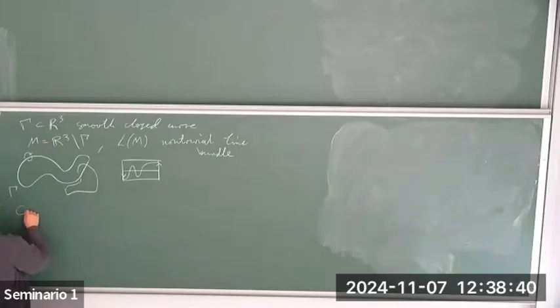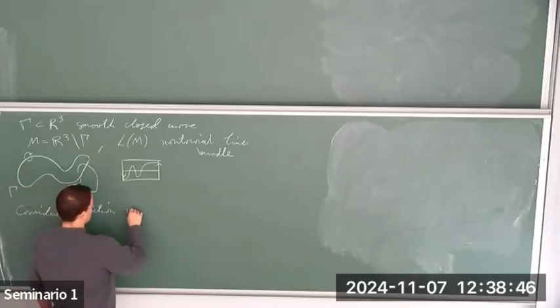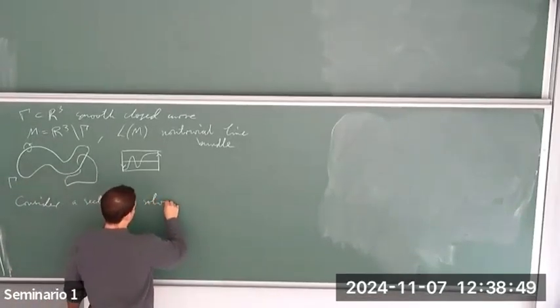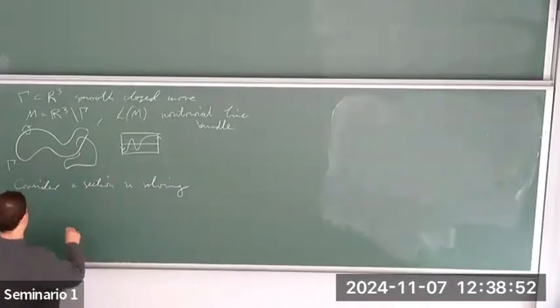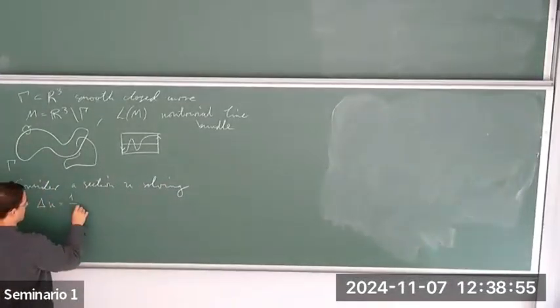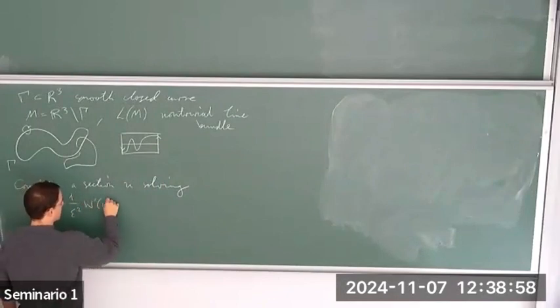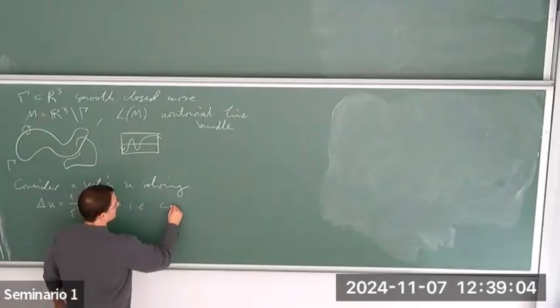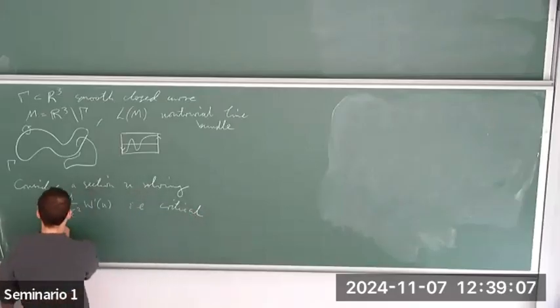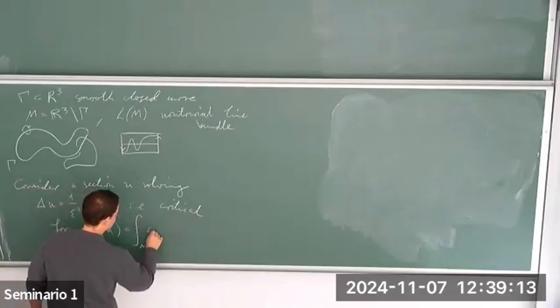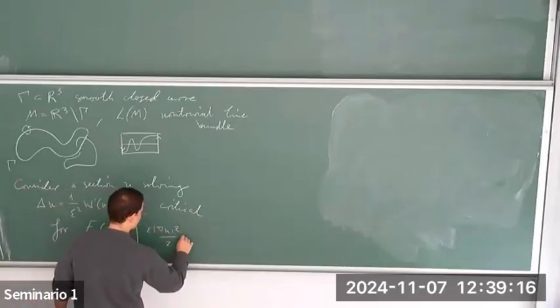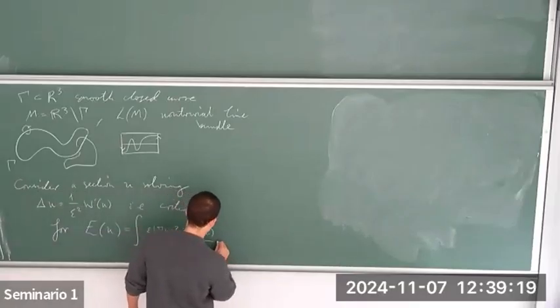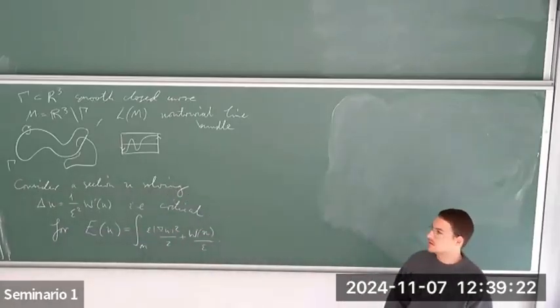Okay, so now let's consider a section u. It solves the Allen-Cahn equation. u solves this PDE, which means that it's a critical point for the Allen-Cahn energy on the space of sections.